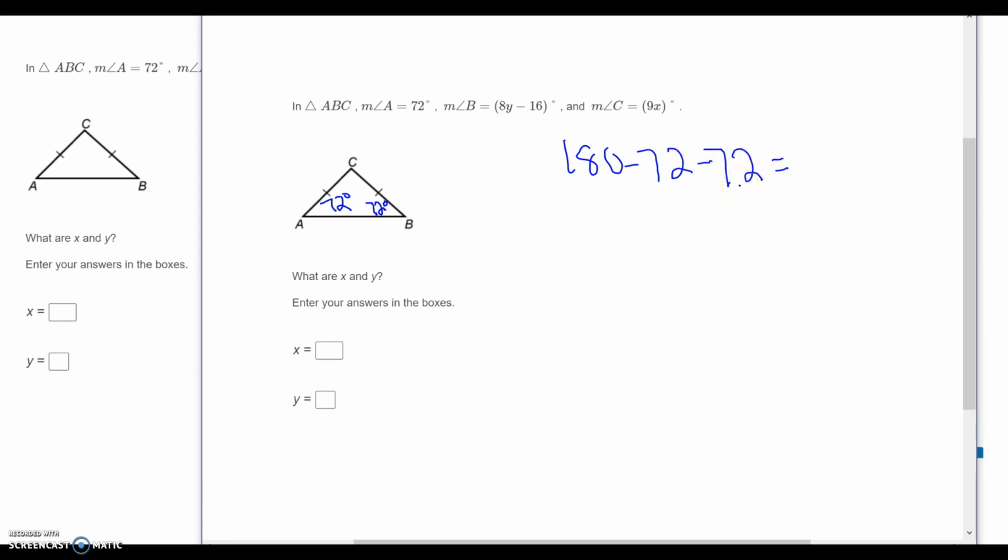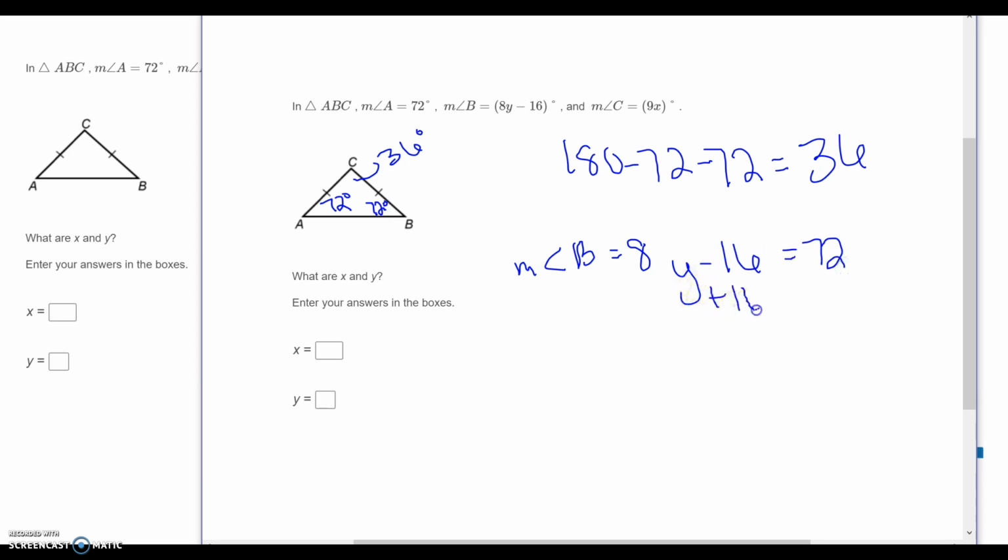180 minus 72 minus 72, and that leaves us with 36 for angle C. So the measure of angle B is 8y minus 16, but we know that B is equal to 72, so we add 16 on both sides. 88 equals 8y, divided by 8, and y equals 11.